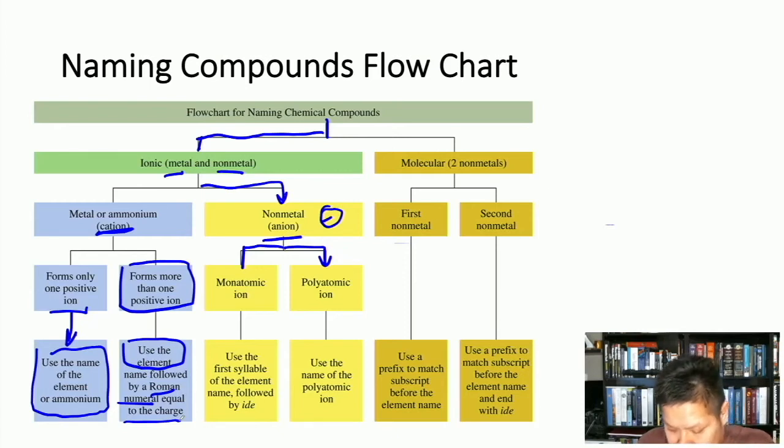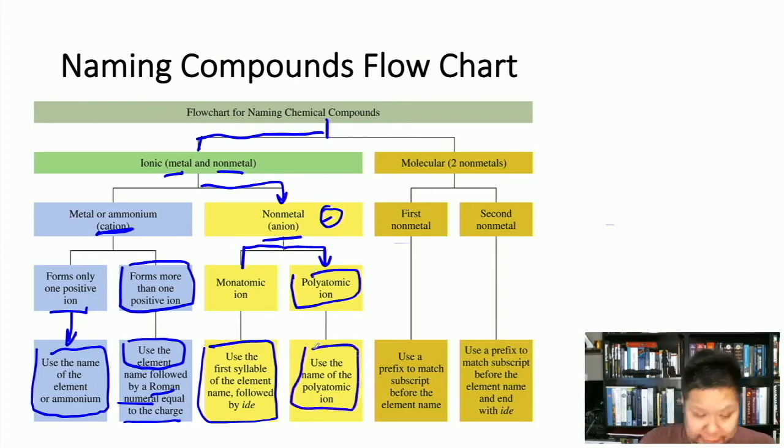And then as for the anion side, if it's monatomic, which means it only has one ion, you just use the first syllable and follow it with "ide." If it's polyatomic, you have to use the name of the polyatomic ion, which is the reason why I told you you have to memorize those polyatomic ions.